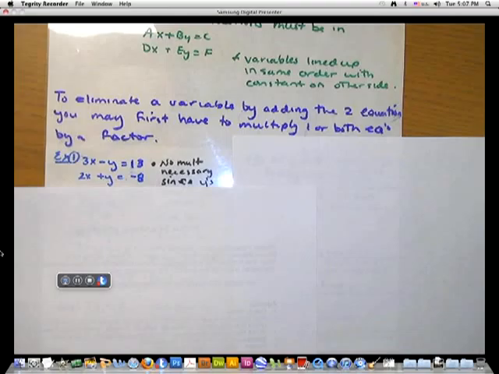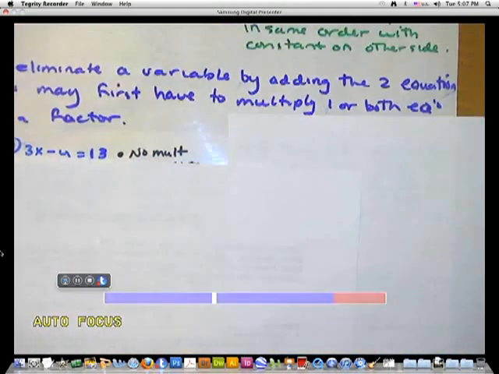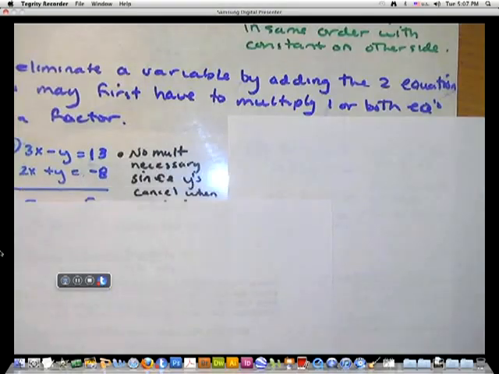On the very first one, we have 3x minus y is 13, and we have 2x plus y is negative 8. On the first one, no multiplying is necessary, because the y's, when added, will cancel each other out. A negative 1y and a positive 1y, when you put those together, you get 0 y's.